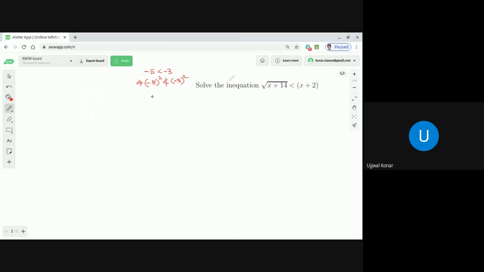But one thing you know is that 5 is less than 7, and that always implies that 5 square is less than 7 square.